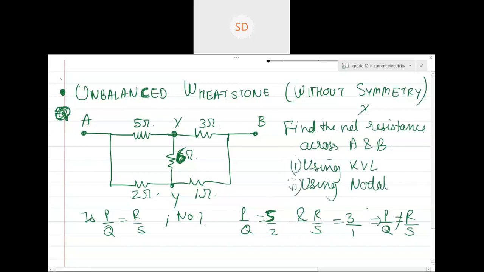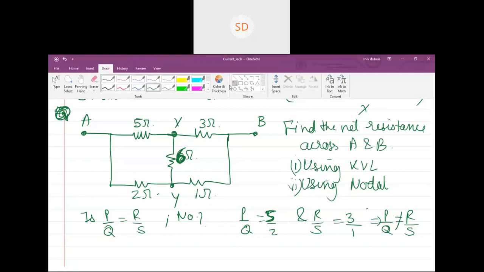So we'll do both. Please remember, no SS, no nothing can help you over here. Whenever you have an unbalanced Wheatstone, directly use Kirchhoff and just give it to me.